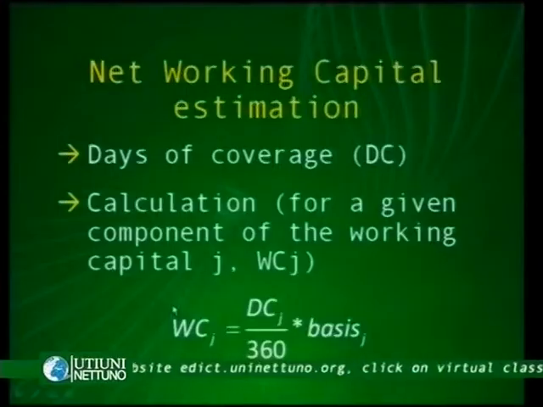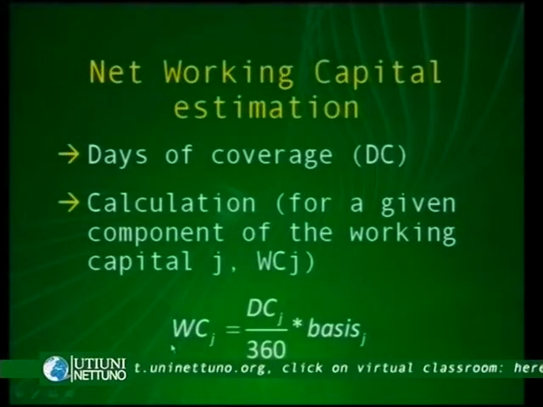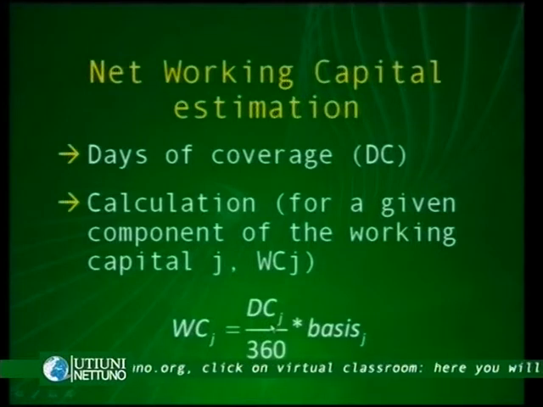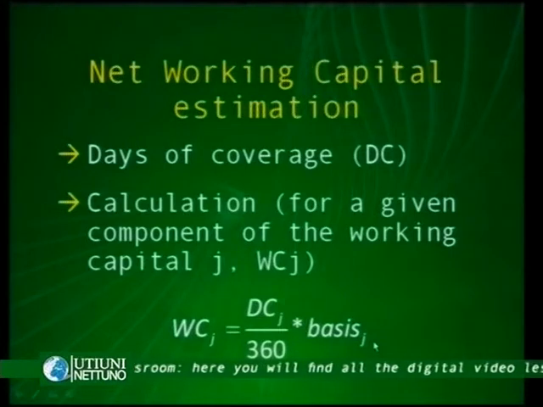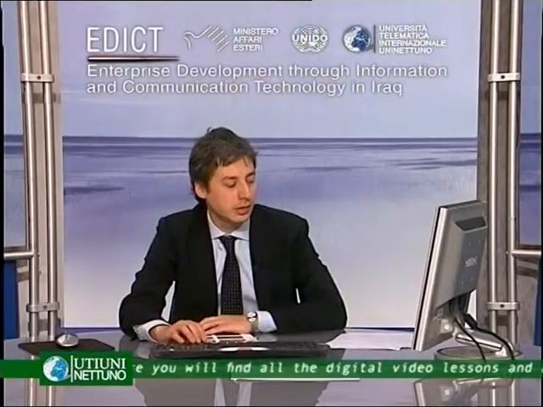But then we'll see an example that will clarify the application of this formula. But what this formula is showing is that in order to calculate any component of the working capital, you need an assumption about the days of coverage that we already discussed, and you need an assumption about the basis for that specific item of the working capital.